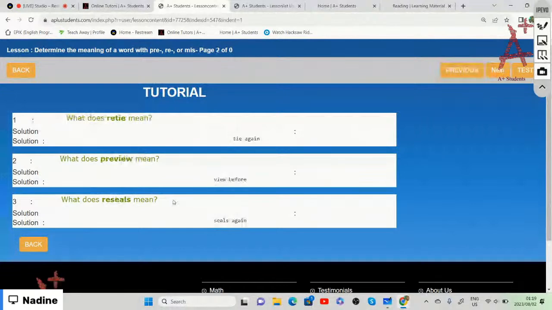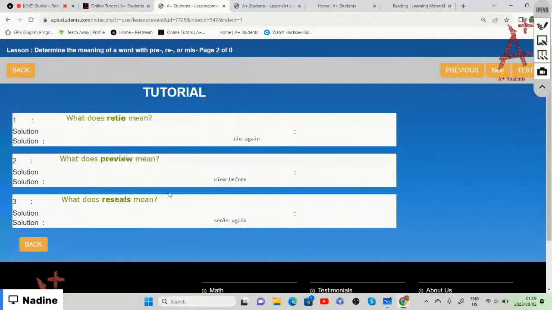What does retie mean? To retie is basically to tie again.